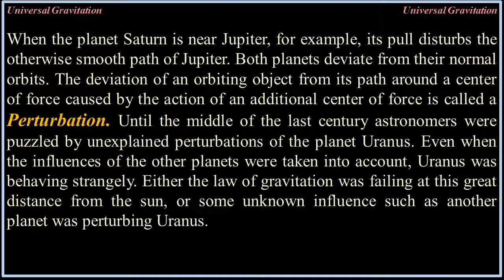Until the middle of the last century, astronomers were puzzled by unexplained perturbations of the planet Uranus. Even when the influences of the other planets were taken into account, Uranus was behaving strangely. Either the law of gravitation was failing at this great distance from the Sun, or some unknown influence, such as another planet, was perturbing Uranus.